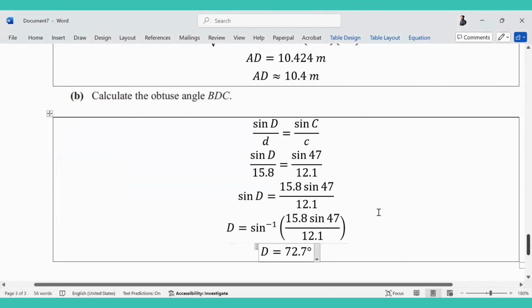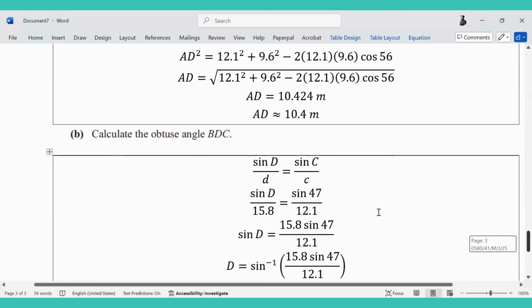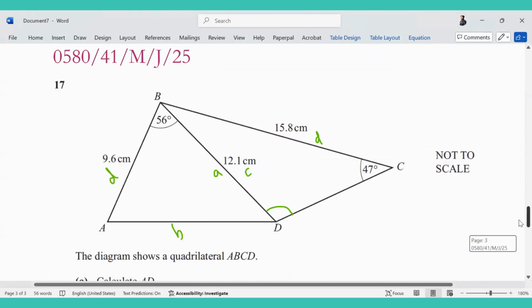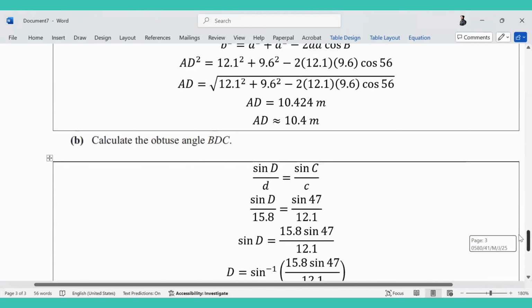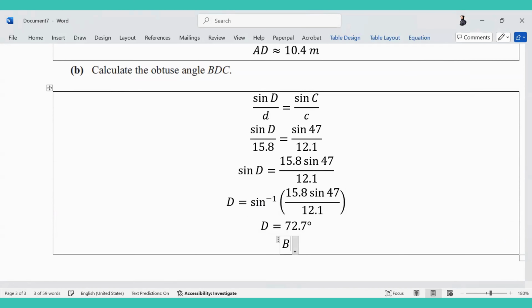But we do know, we have studied this, that sine gives us the same value for two supplementary angles. The question already specified that it is an obtuse angle BDC. The calculator will never give us the obtuse for sine inverse. So we can find it on our own.